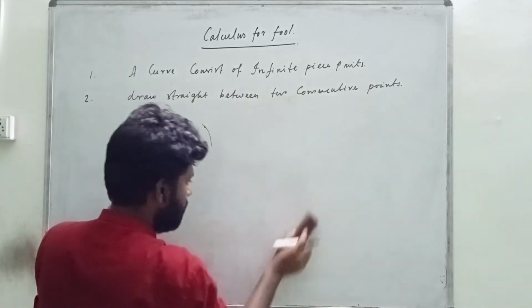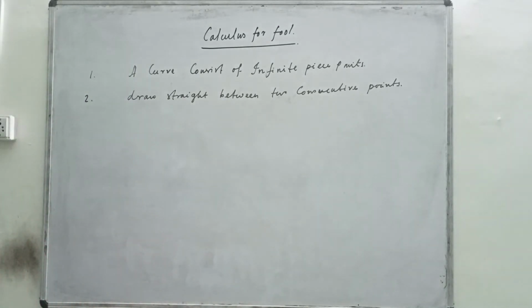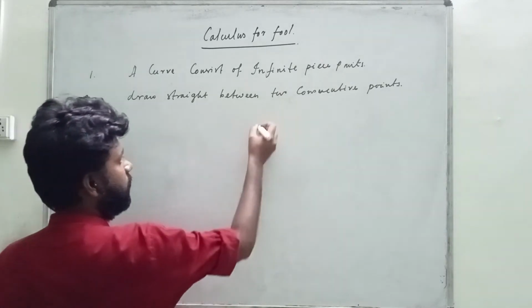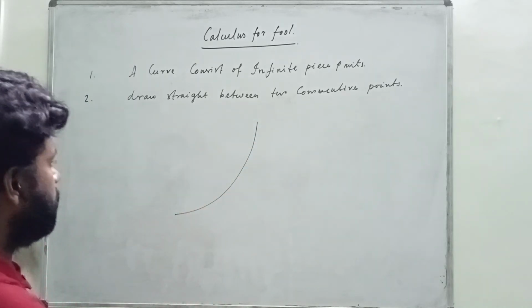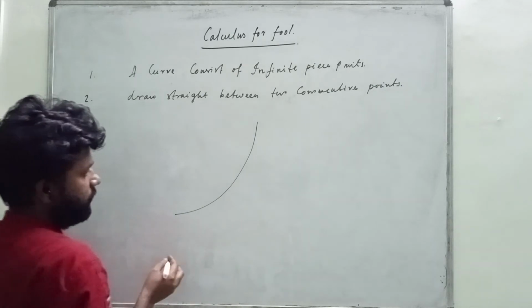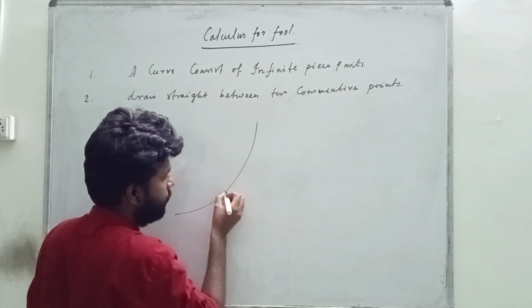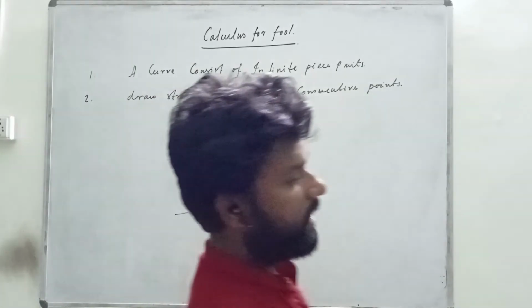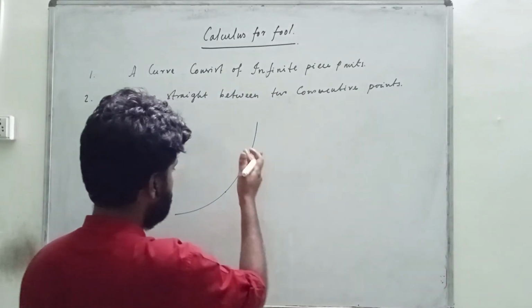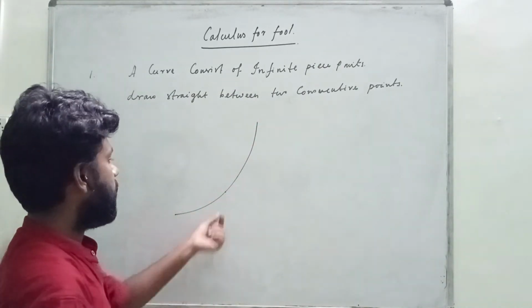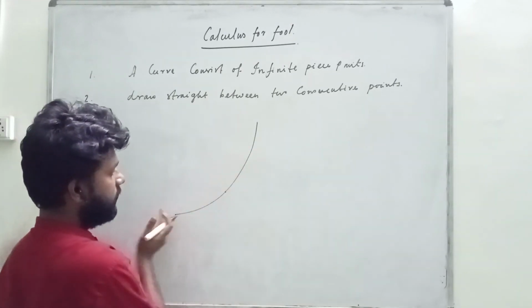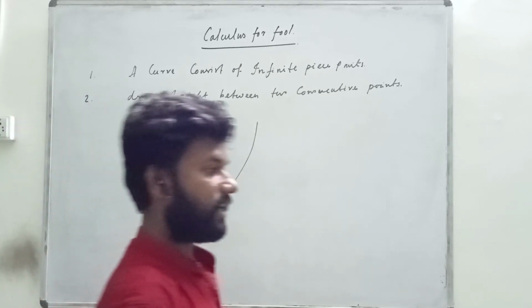Okay. So let me introduce what the tangent is. Tangent at a point on a curve. What is a tangent? If I draw a curve here and I ask you to draw a tangent at this point, a tangent means a straight line which touches this curve at this point but does not cut it.